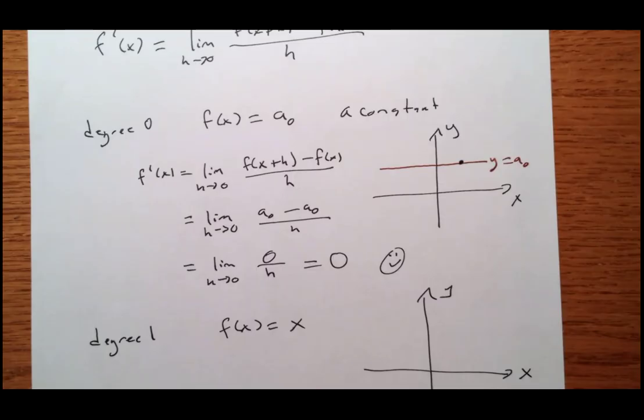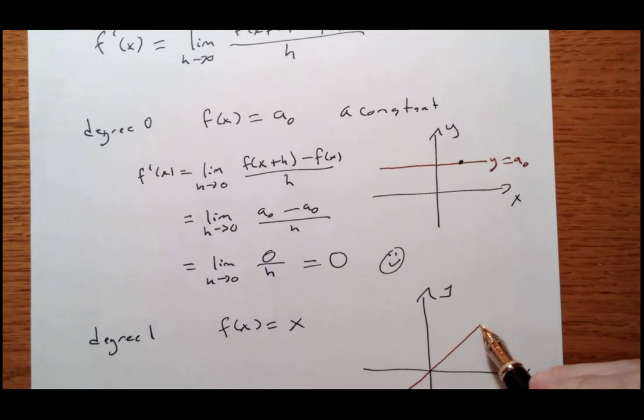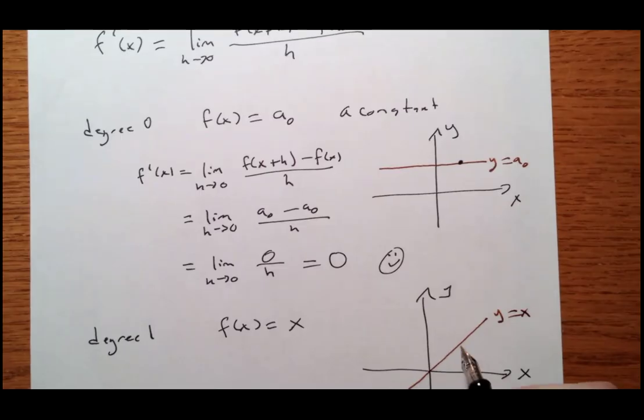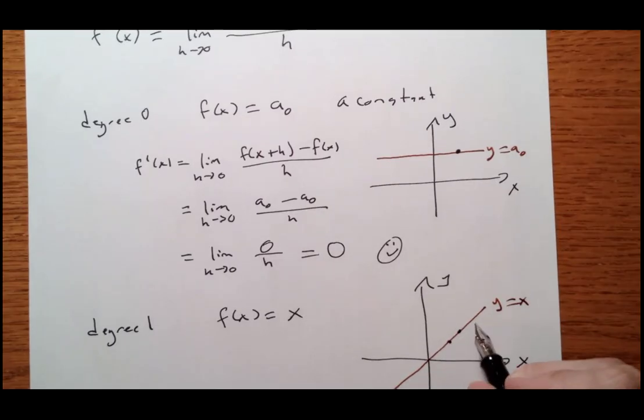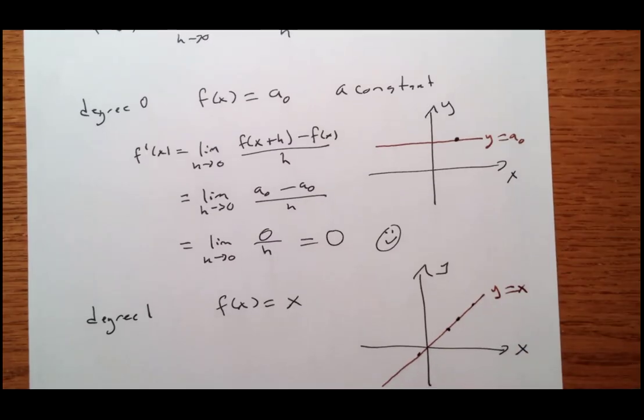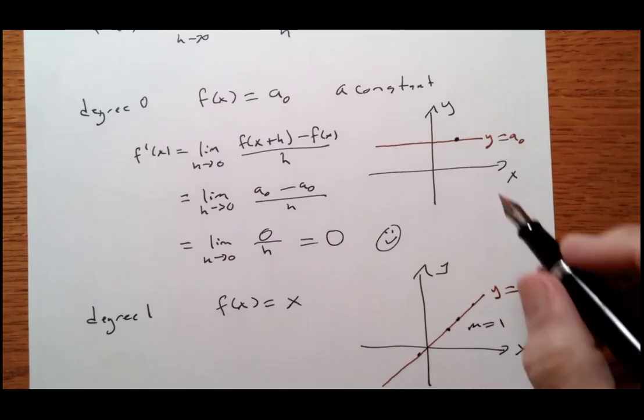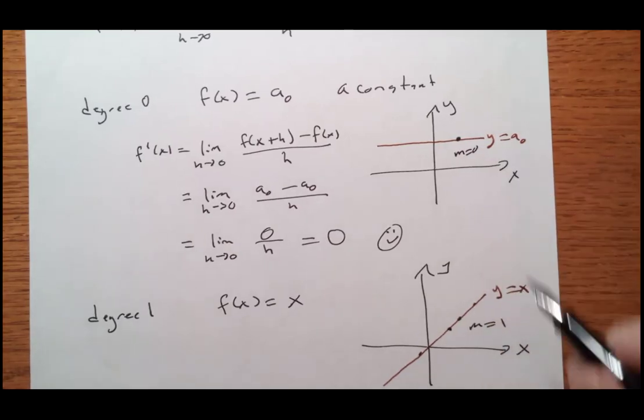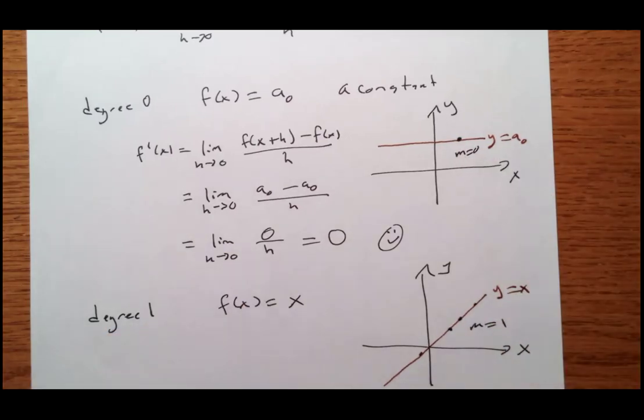The graph of f of x equals x is this diagonal line. And the best part about that line is it's got the same slope everywhere. No matter where we are on this line, the slope is equal to 1. Up here, my slope was always equal to 0, and lo and behold, my derivative did that. Let's check.